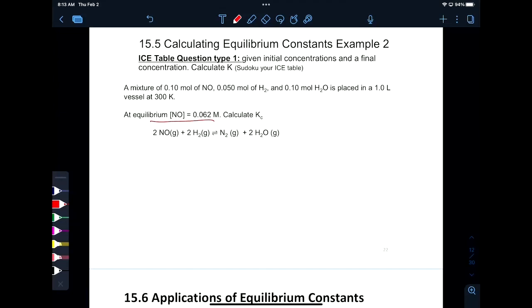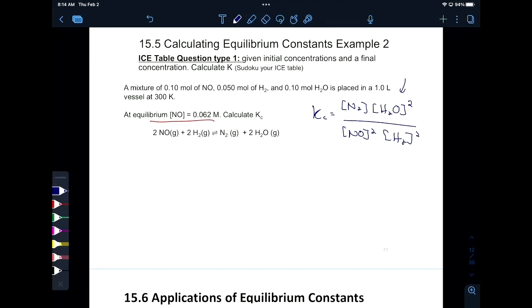Let's calculate Kc again. I'm just going to get the equilibrium expression so I know what I'm aiming for here. Remember, just products over reactants. So I need the equilibrium concentration of N2 and of H2O squared, over the concentration of NO squared and the concentration of H2 squared.